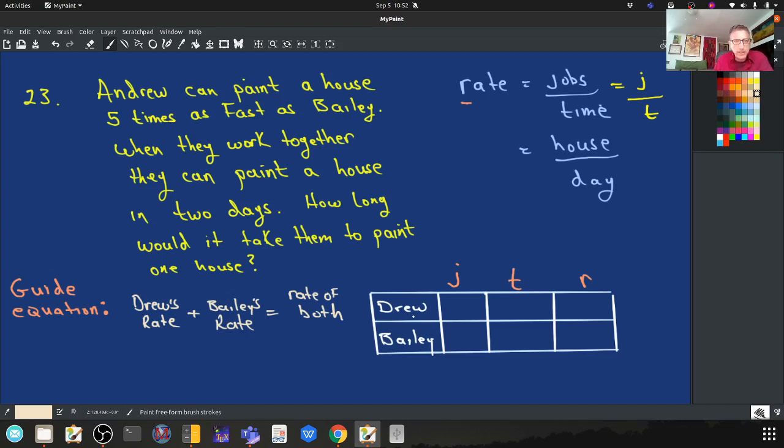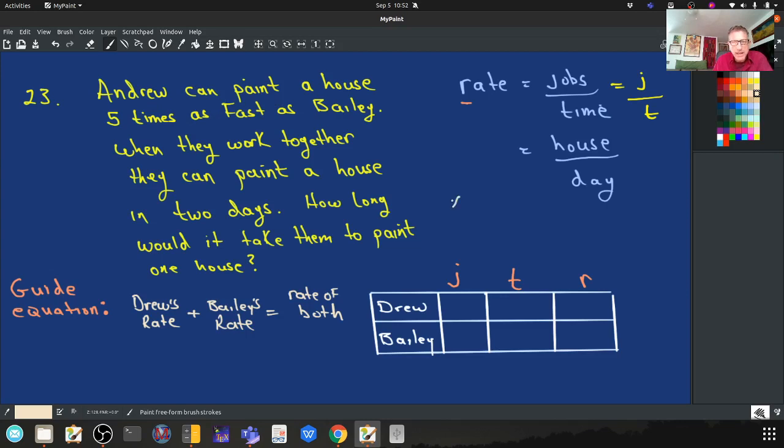So let's read through here, go back, and we will decide what our x is, and we'll decide that by reading through it. So Andrew, or Drew, can paint a house 5 times as fast as Bailey.